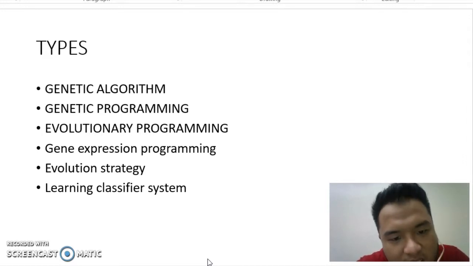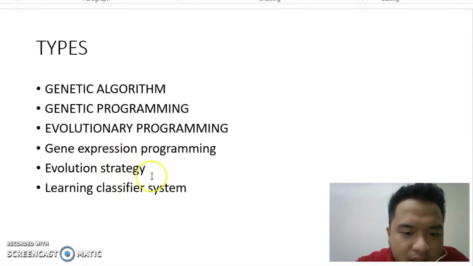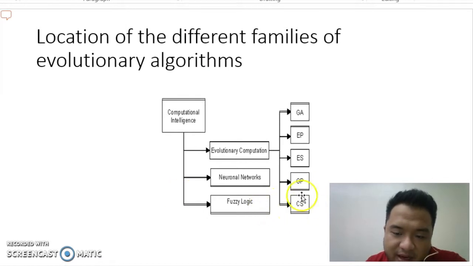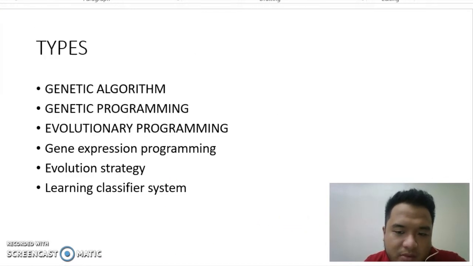Next is evolution strategy. It works with vectors of real numbers as representations of solutions, and typically uses self-adaptive mutation rates. Next is the learning classifier system, or LCS, which a while ago was called classifier system.